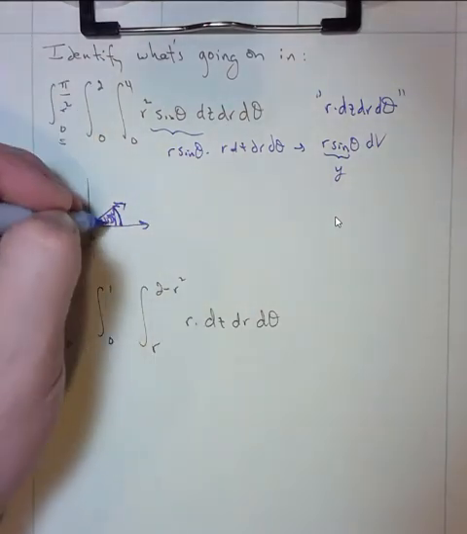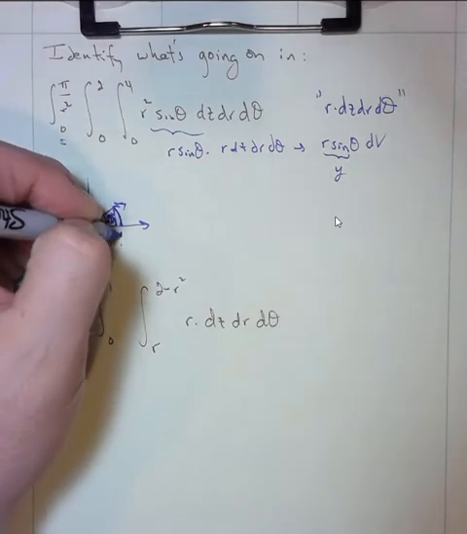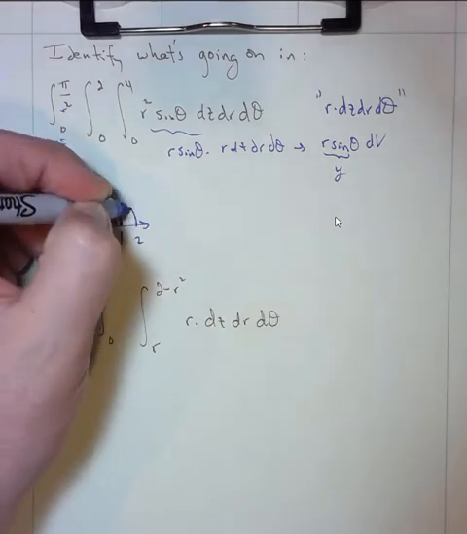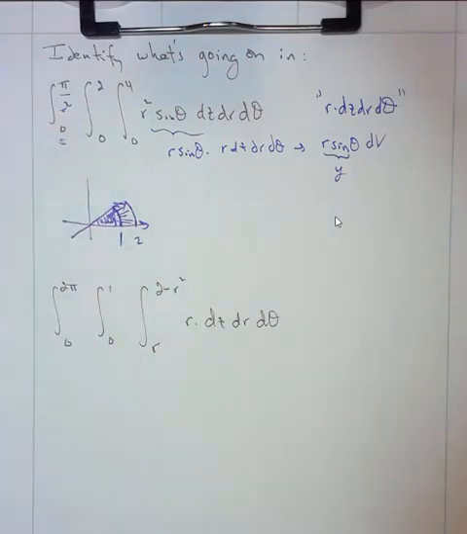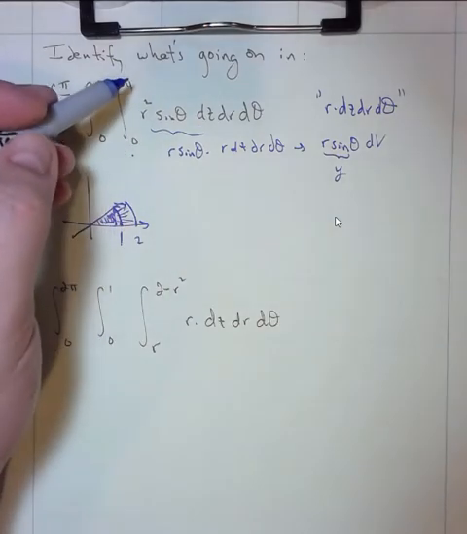So let's say this was 1 and then here was 2. That means we're filling in, at least in the xy plane, all the way out to a circular boundary 2 units away from the origin. And then z is going from 0 to 4.